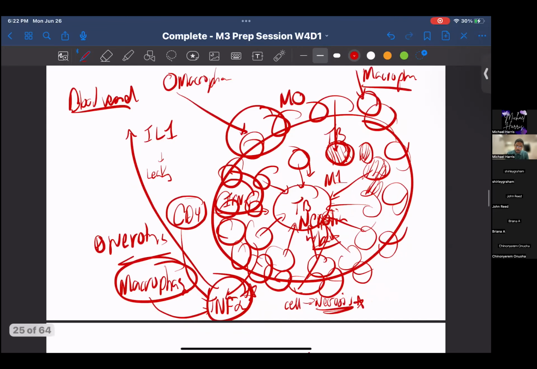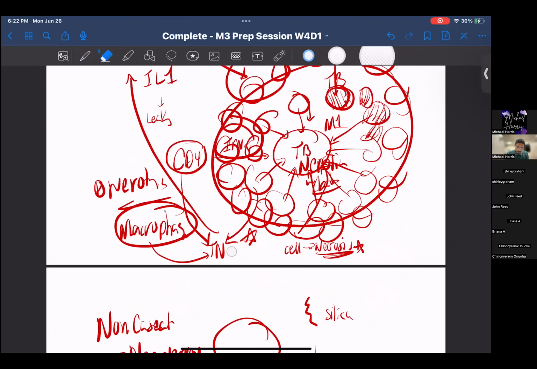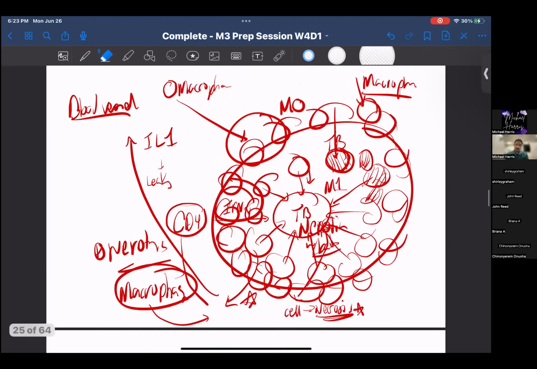What do you think would happen if we were to get rid of TNF alpha? What do you think would happen? We gave them some antibody that bound to TNF alpha and prevented TNF alpha from doing its job. What do you think would happen? No leaky? Perfect. So no new macrophages.